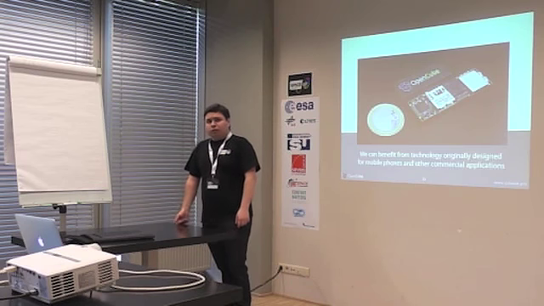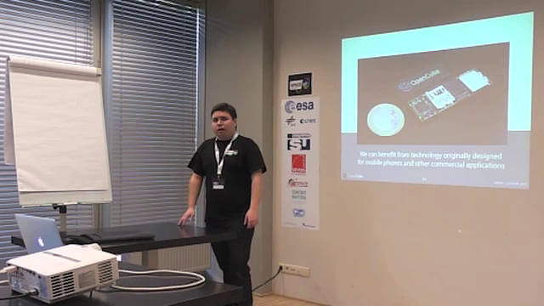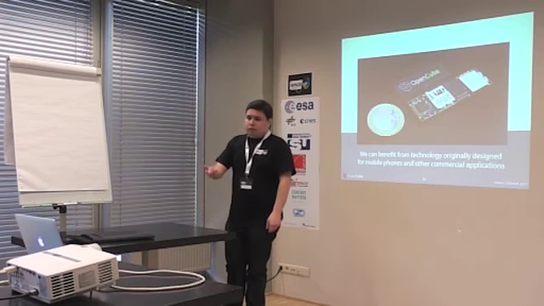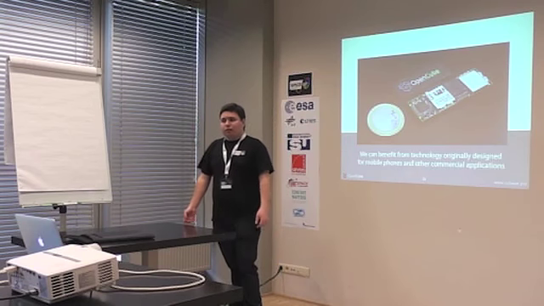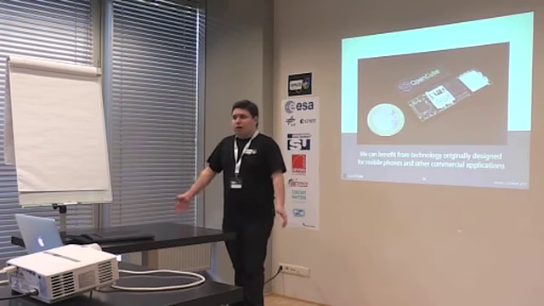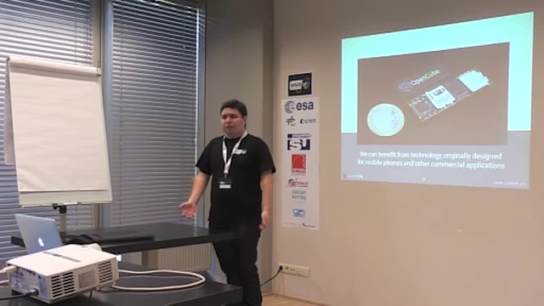And actually, most CubeSats do not use any radiation hardened components. So all the components that are needed to build a CubeSat, you can easily buy them. You can build your own satellite.